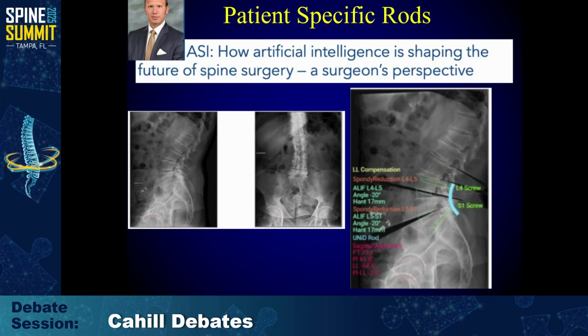This is an actual advertisement for pre-contoured rods. So you see this very complex single-level deformity here, and I'll admit that it wasn't Peter who was the surgeon perspective given on this, but it was another notable surgeon.